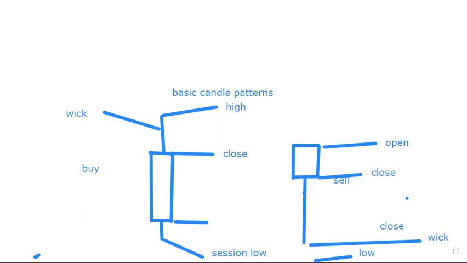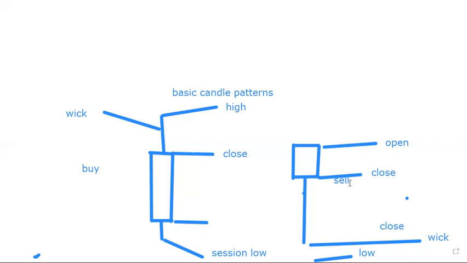Ma'am, do you want to try also? Yes, ma'am. I'm saying that actually the buyers come into the market, but they still try to push it below, but still the market is not closing. Wait, hold it. Let's take it one by one. Buyers will never push prices below. Buyers would always push up.